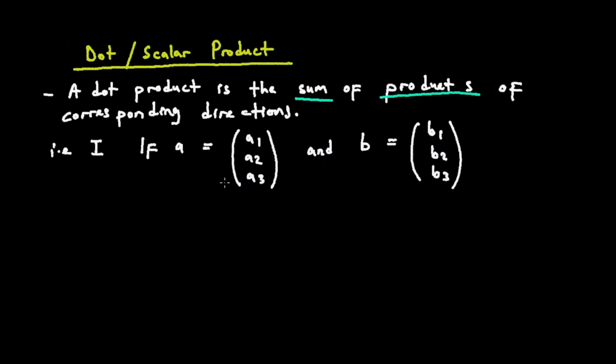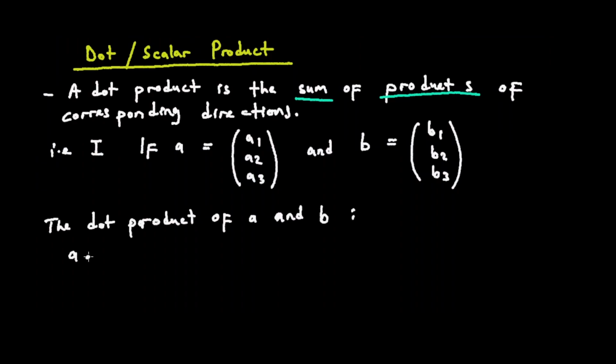Kana tichida kuziva the dot product of these two vectors. Let me write it down. The dot product of A and B, how do we express it?